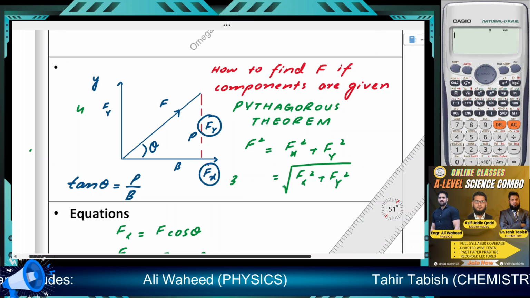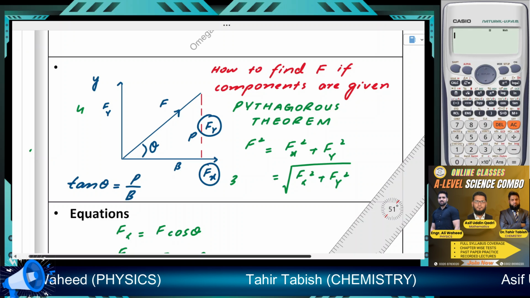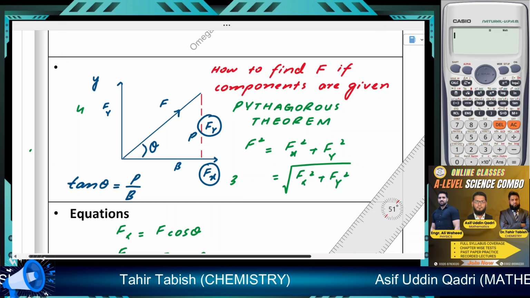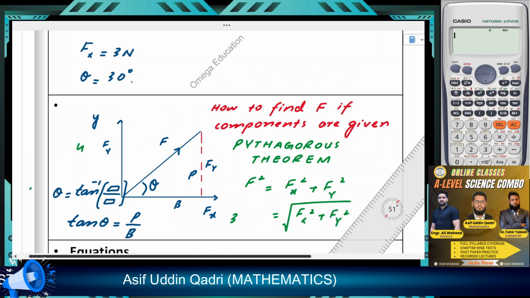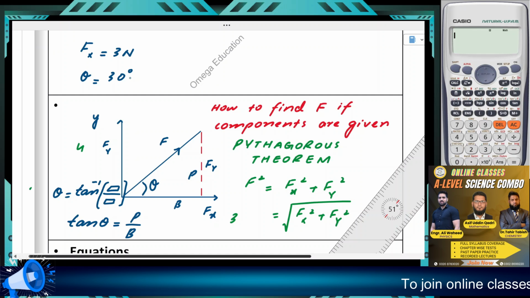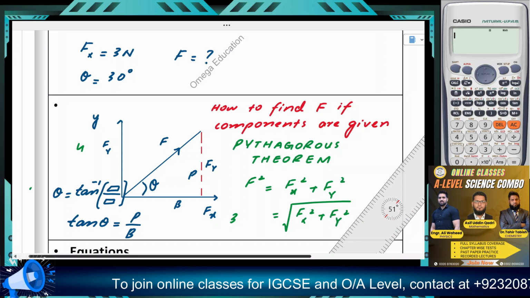The question is, if one of the components of the vector is given and the angle with respect to the x-axis is also given, can you then find the vector itself? Can you find the vector f, and what expression can be used? Or do we need to find something else before we could find f?